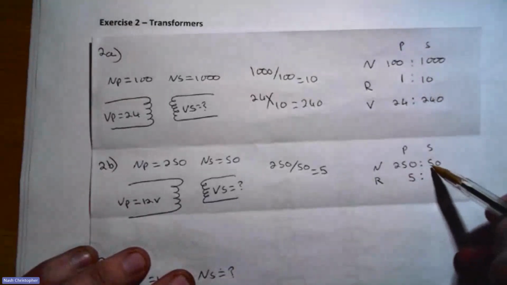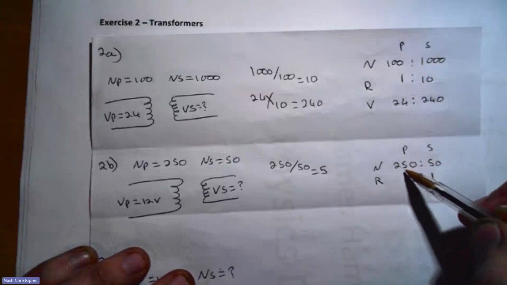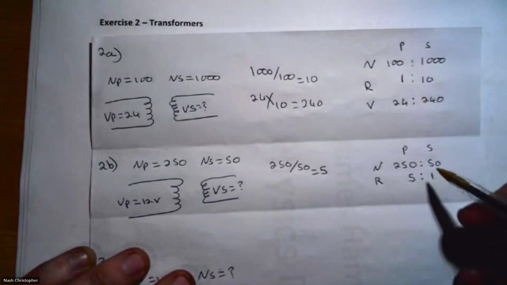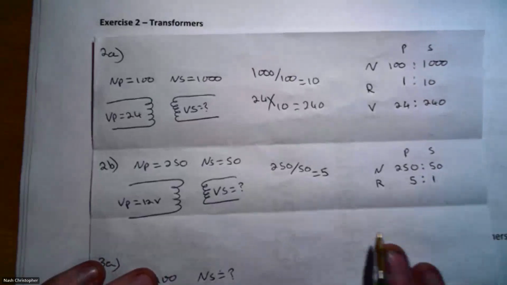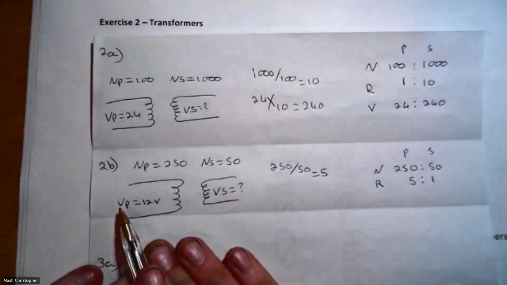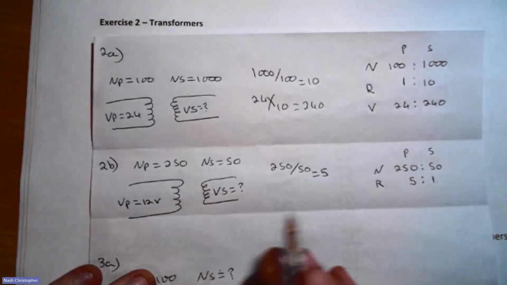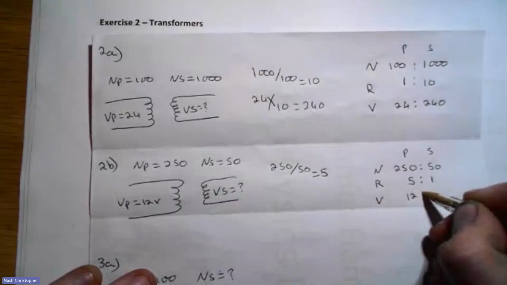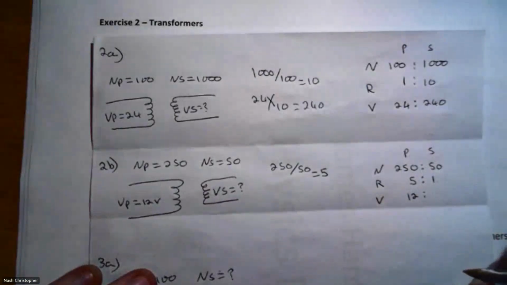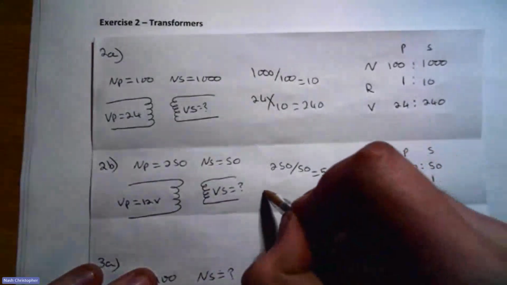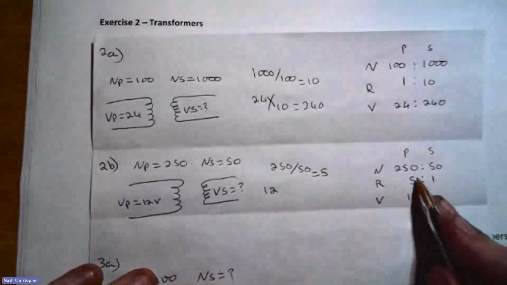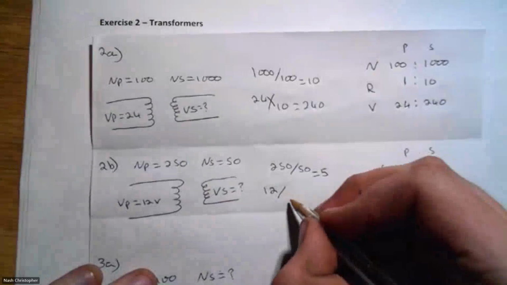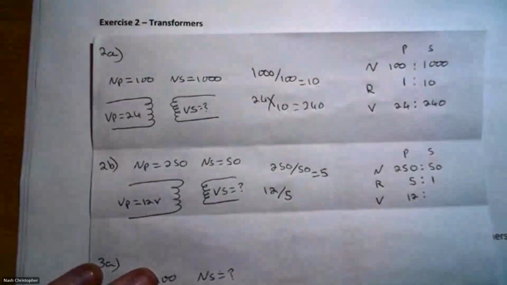So we know that anything on this side is 5 times larger than anything on that side. So we know our VP, voltage primary, 12. So we would take a 12. And we know that that's 5 times bigger than the other side. So we have to divide that by 5.